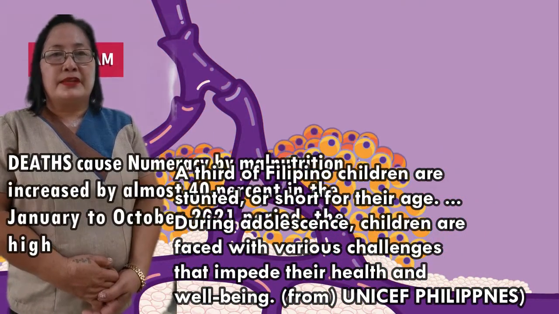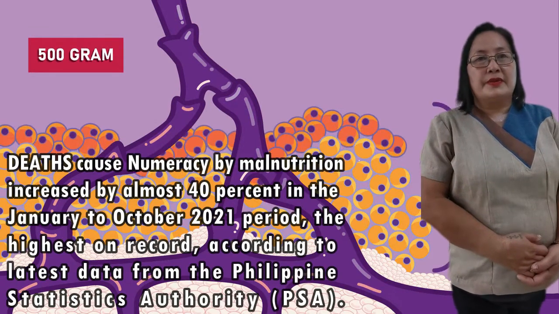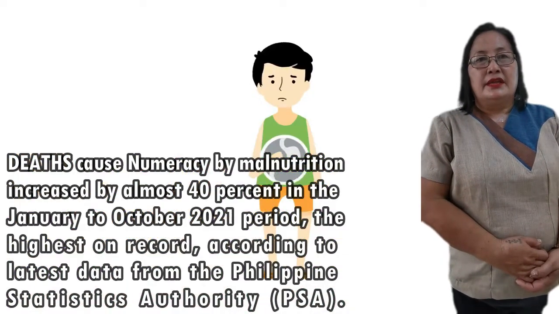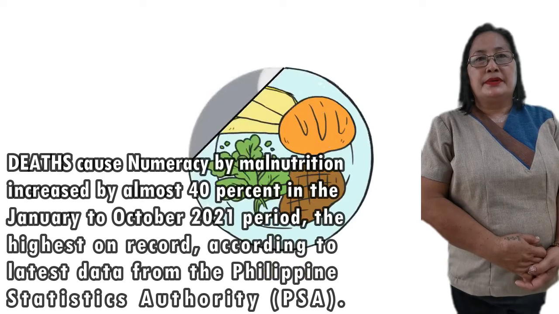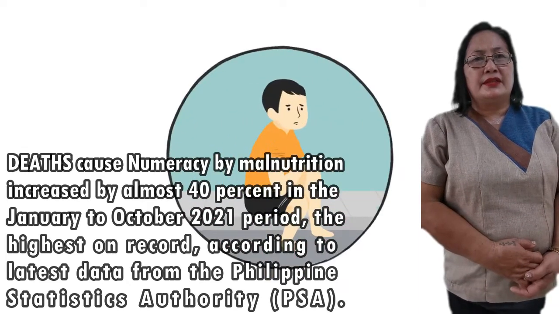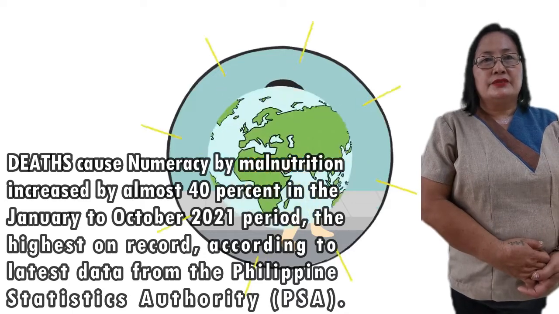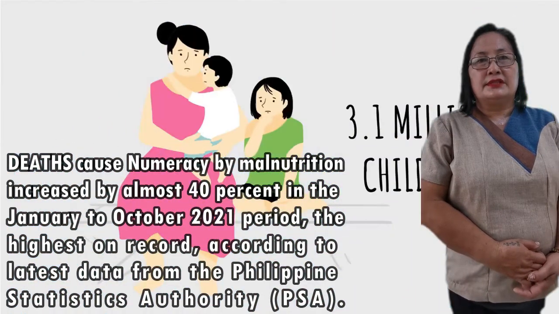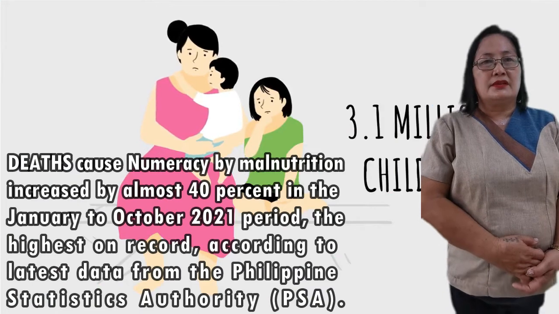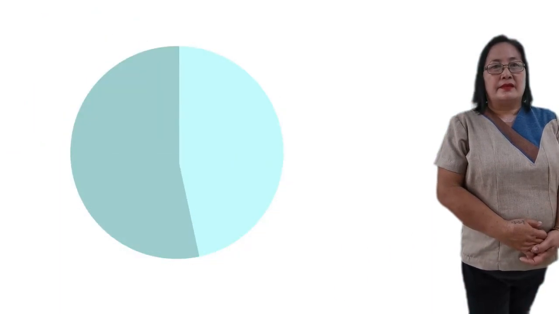From UNICEF Philippines, deaths caused by malnutrition increased by almost 40% in the January to October 2021 period, the highest on record according to the latest data from the Philippine Statistics Authority (PSA).